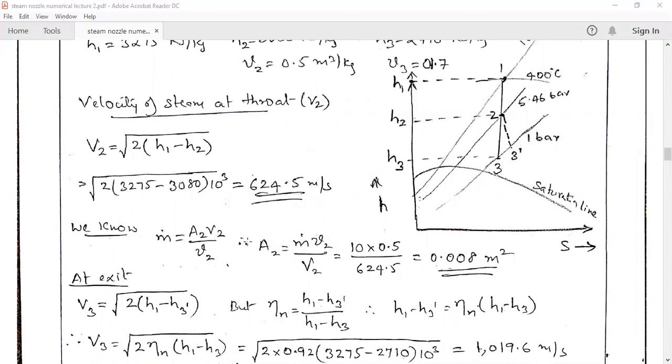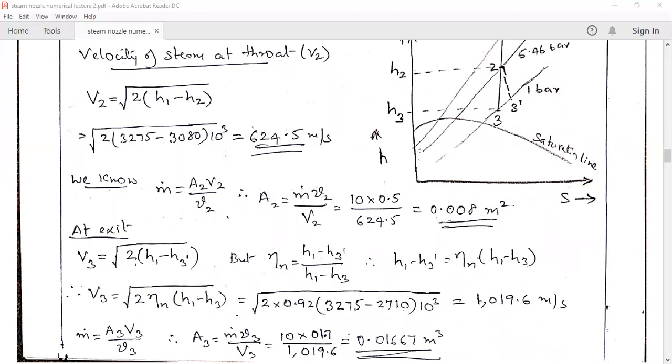So A2 equals mass flow rate times specific volume divided by the velocity of the steam. That will be 10 times the specific volume, say 0.5, divided by the velocity, which is the square root of 2 times (h1 minus h2). Substitute here and you'll get the area. These two we have found: velocity and area at the throat.